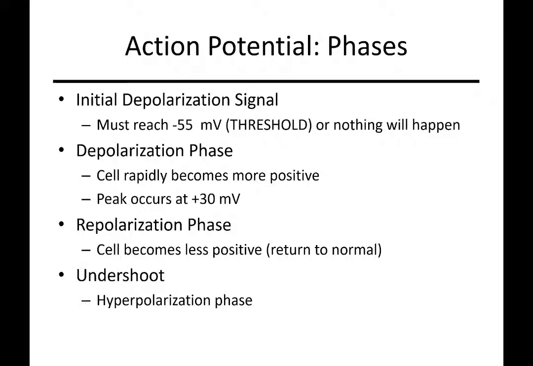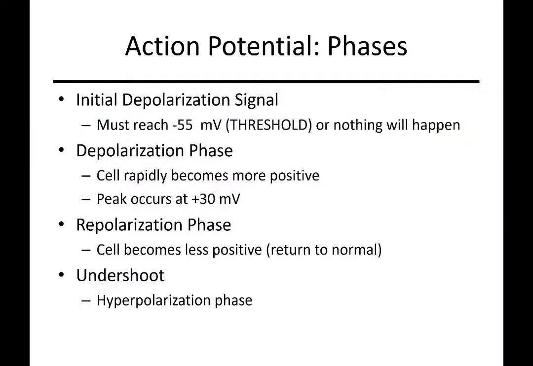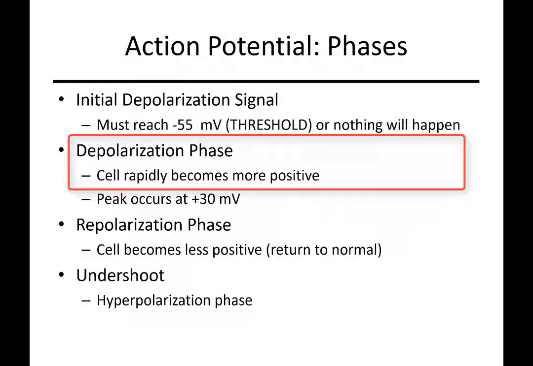The phases of an action potential start with the initial depolarizing signal. That's the -55 I have on the graph. It's known as threshold, where you reach this point. Depolarization is where you rapidly continue up, because this threshold opened many, many more sodium channels. So we have a flood of sodium coming in, getting more and more positive.